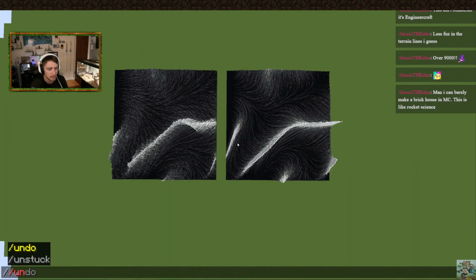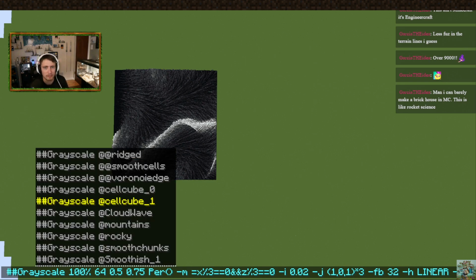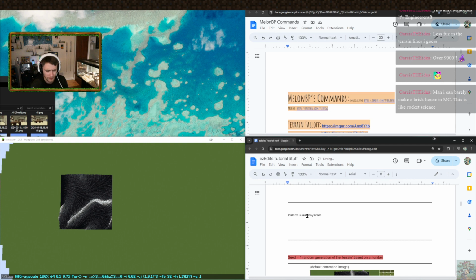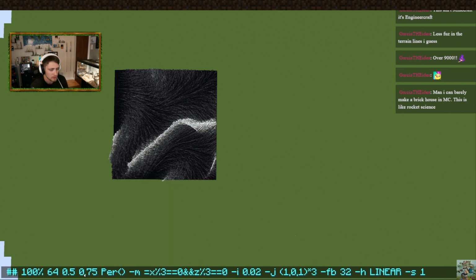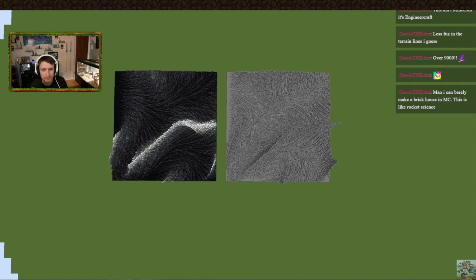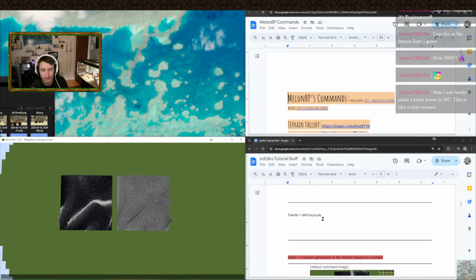Let's go up here, and instead of grayscale, let me put this equals hashtag grayscale, and then what we're gonna do is change that to just a block. Let's just do stone so that it's obvious.